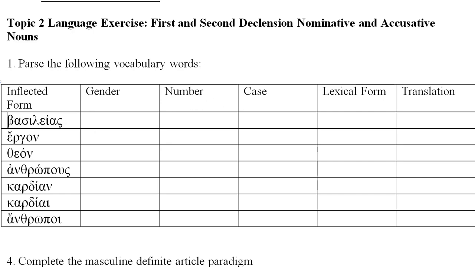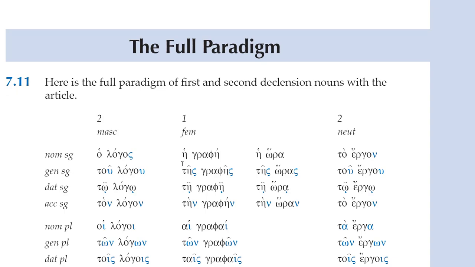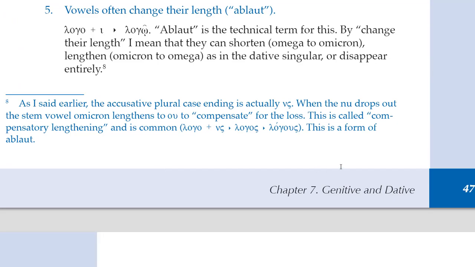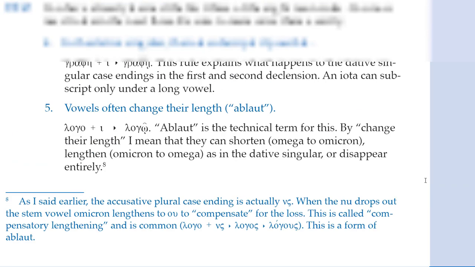So here we have basileas. It takes a little experience to figure out what the stem of these words are. I'm looking at basilei, and that's the stem here. That's beta, alpha, sigma, iota, lambda, epsilon, iota. That's our stem. The way to learn these stems is to come down to the full paradigm. This is on page 47 of Mounce.